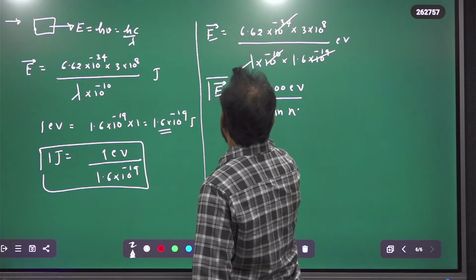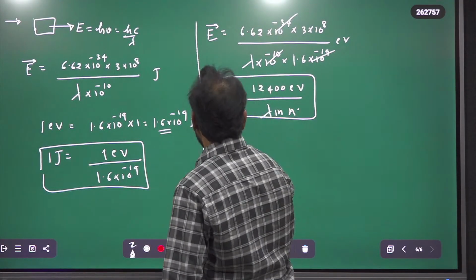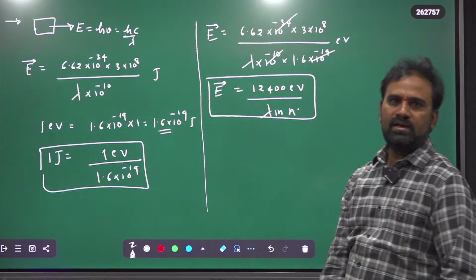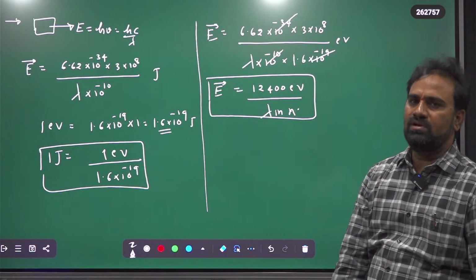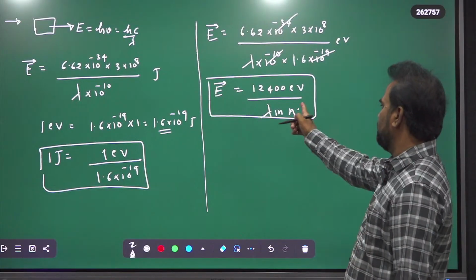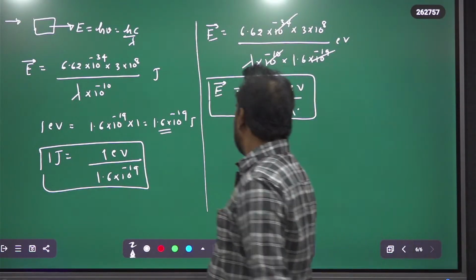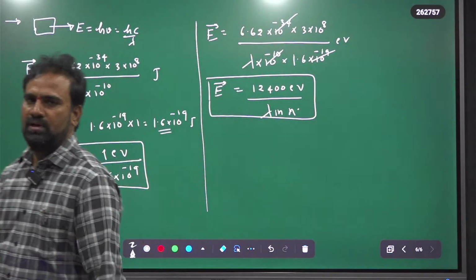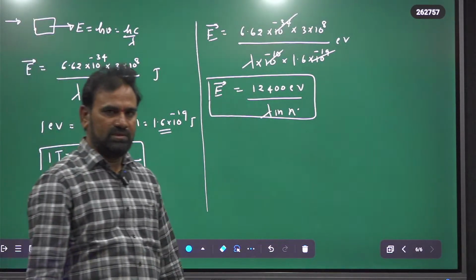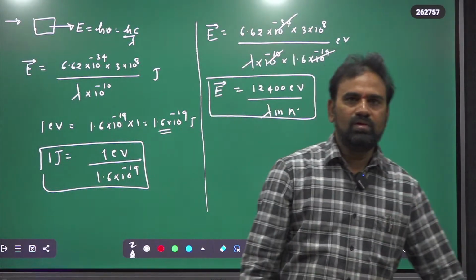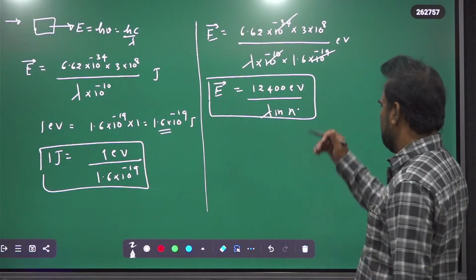So this is called the energy of a photon. Is it clear? The energy of a photon or light radiation can be given as E is equal to 12,400 electron volts upon lambda in angstroms. Is it clear? Okay, note down.